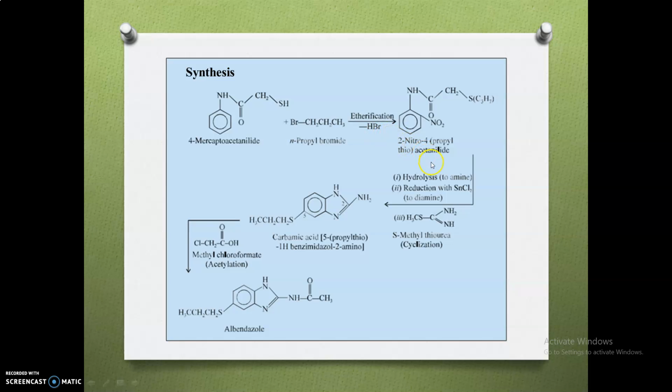The resulting product upon hydrolysis converts into amine, reduction with tin chloride gives diamine, and finally the interaction with S-methyl thiourea. Here cyclization occurs to give carbamic acid. This upon further acetylation with methyl chloroformate gives the final product albendazole.